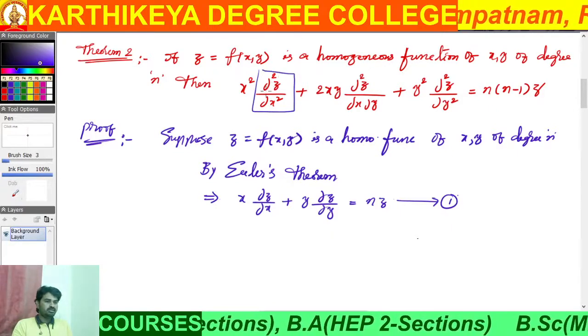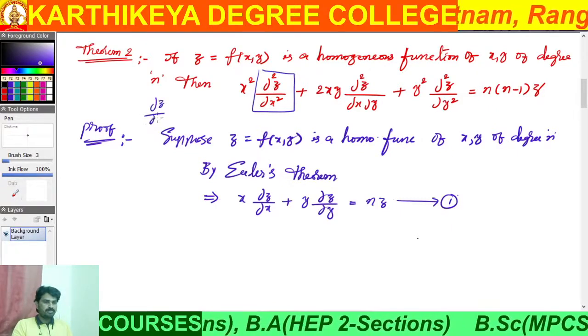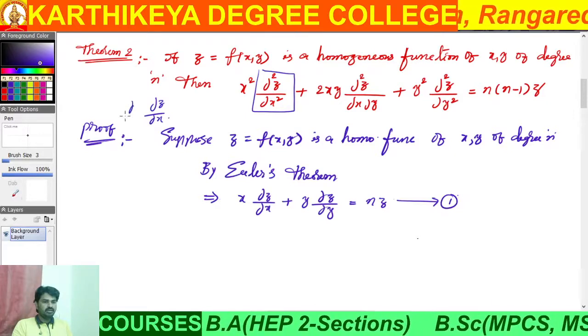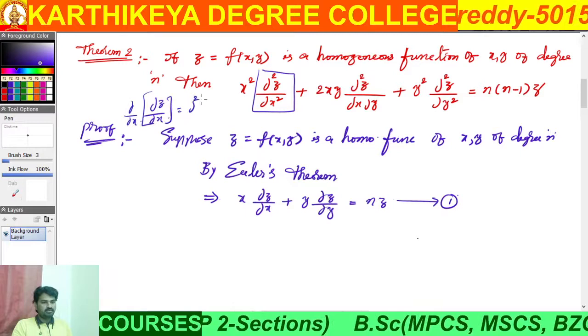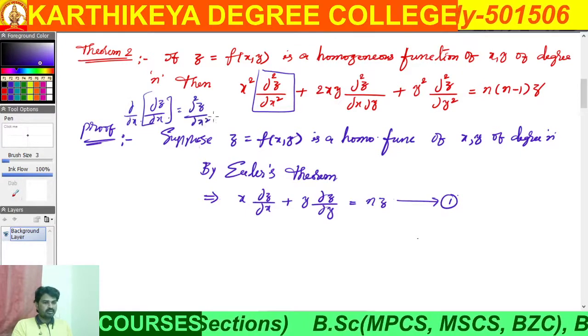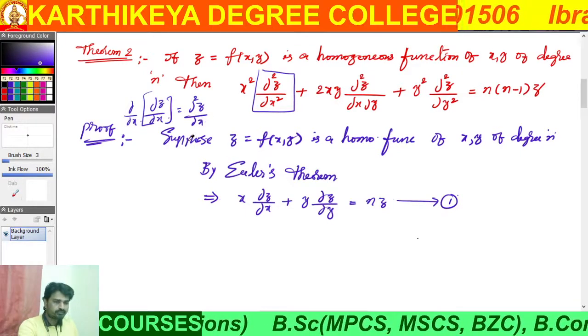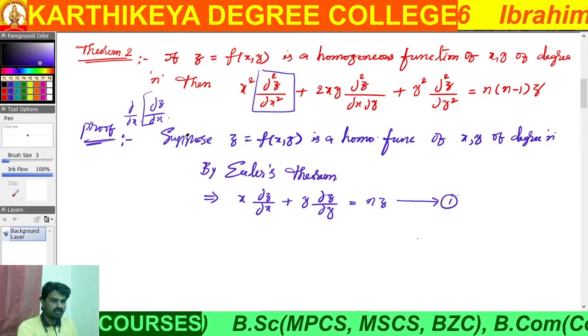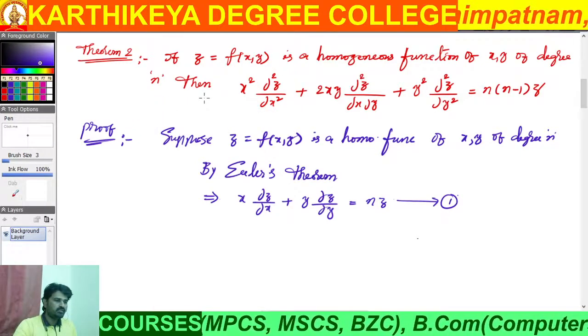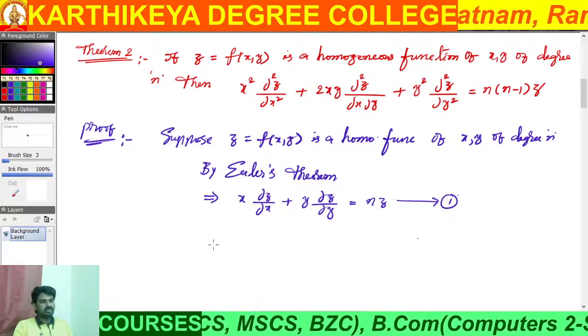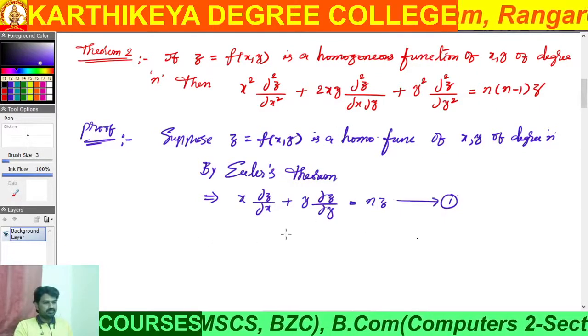That means dou z by dou x is the first differentiation. If you differentiate with respect to x, you will get dou square z by dou x square. So hence we can differentiate here with respect to x again. In the same way, we can differentiate with respect to y. You will get some equations.